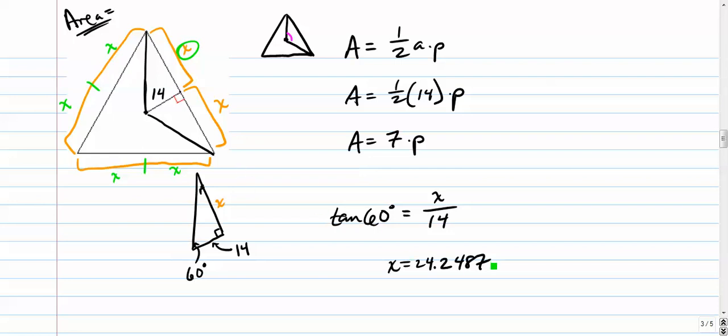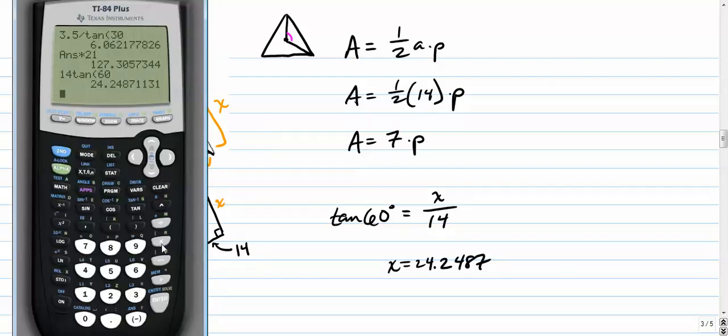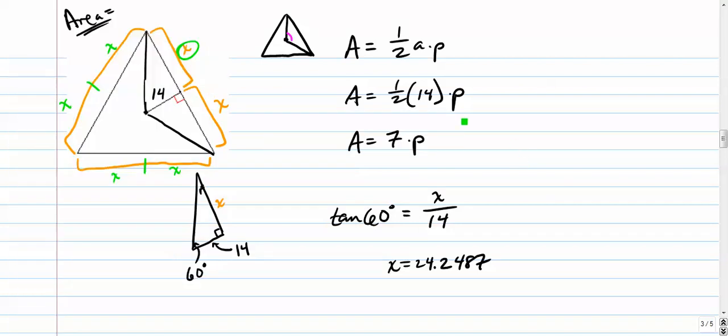So just take that number in the perimeter of the triangle. Triangle has 3 sides, but this is half of one side, so if that's 24.2487, multiply that by 6 to get the perimeter of the whole thing. So times 6, and then times 7. The 7's up here originally. It's 1/2 of the apothem. And we get 1018.446.